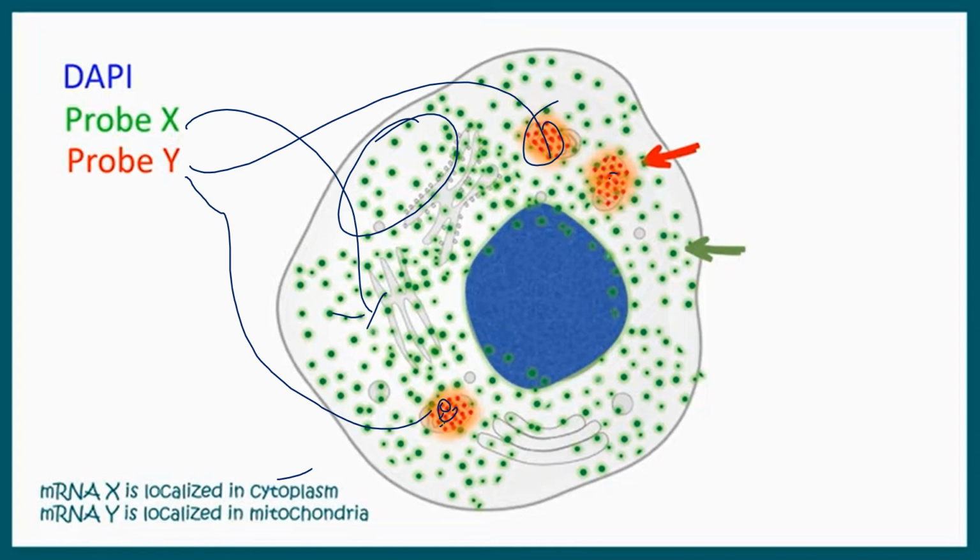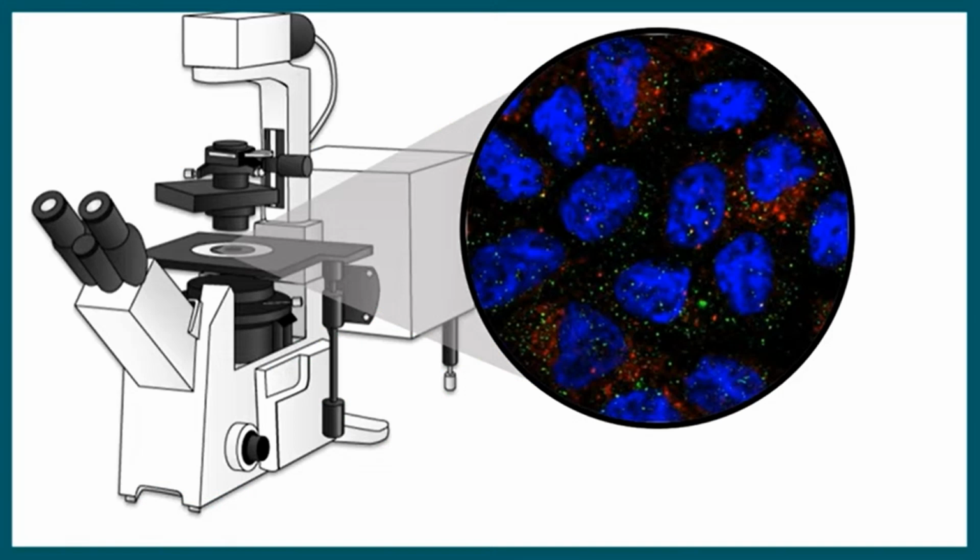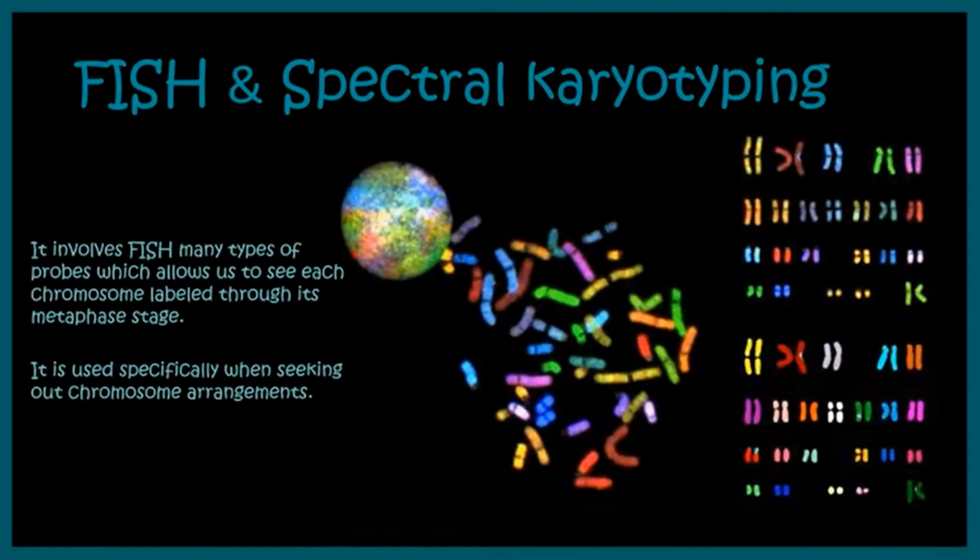So different colors or different visualizations will be there. By using specific probes for specific locations, you can find out the subcellular localization of the messenger RNA. And this is the actual picture when we use DAPI.